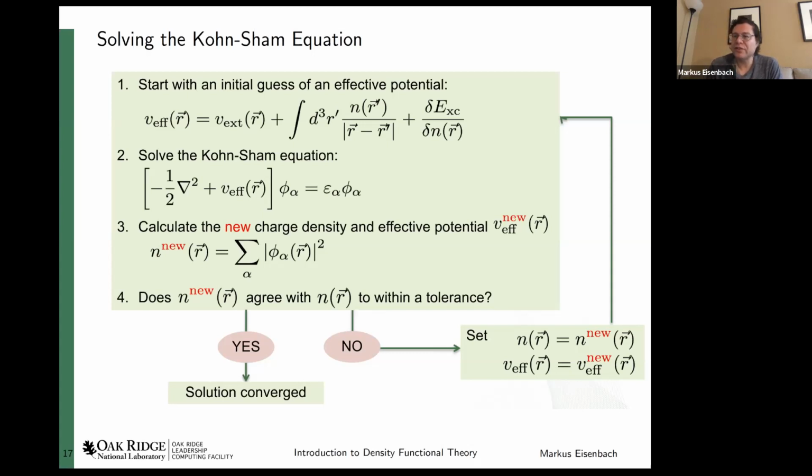You introduce some mixing to avoid oscillations and to introduce fast and damped convergence.